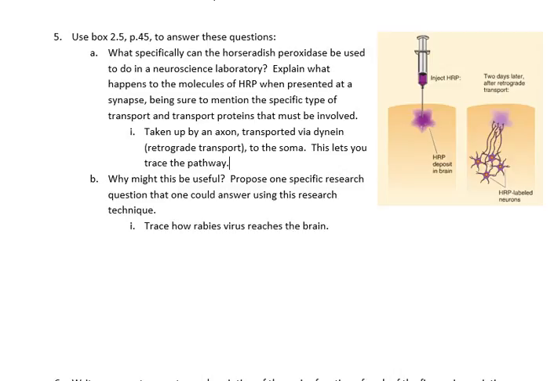What about group B here? Group B. Middle group, the middle row here. Did you guys have a different kind of study for part B that you put down? We said maybe trace motor pathways in the brain.